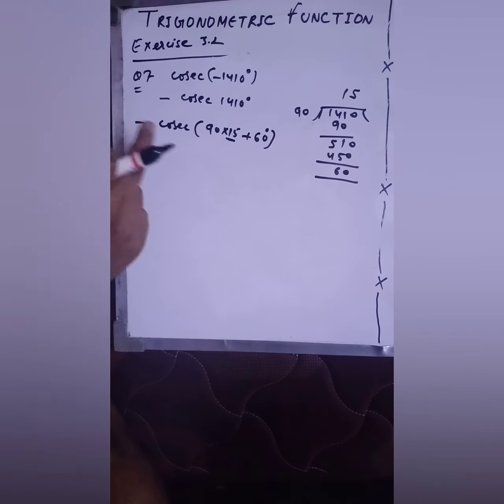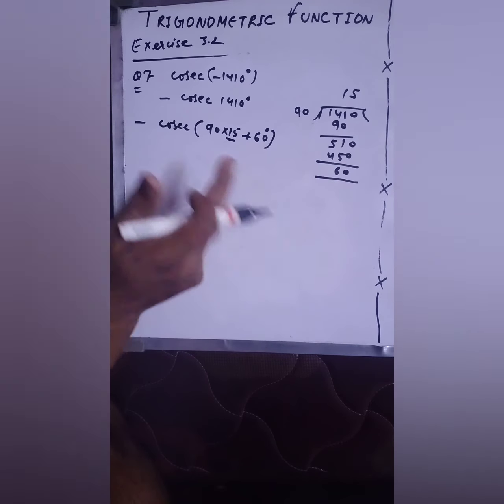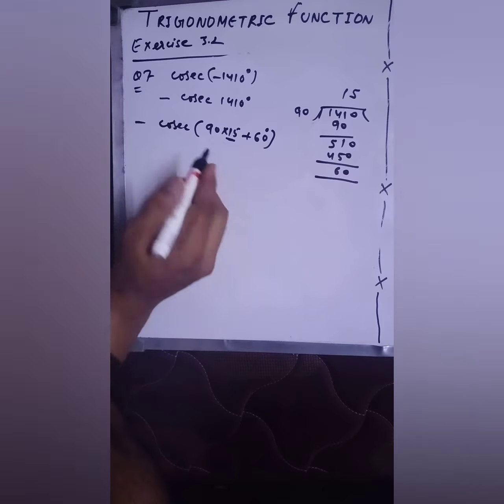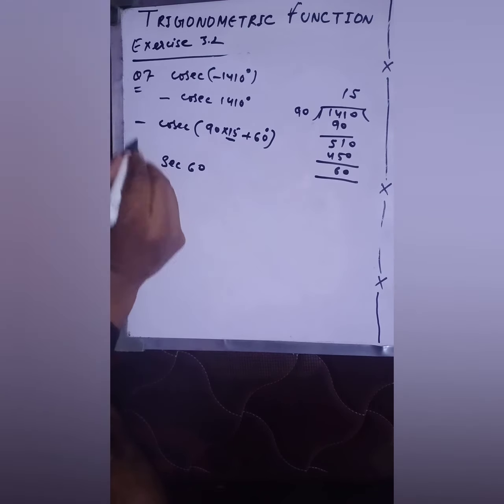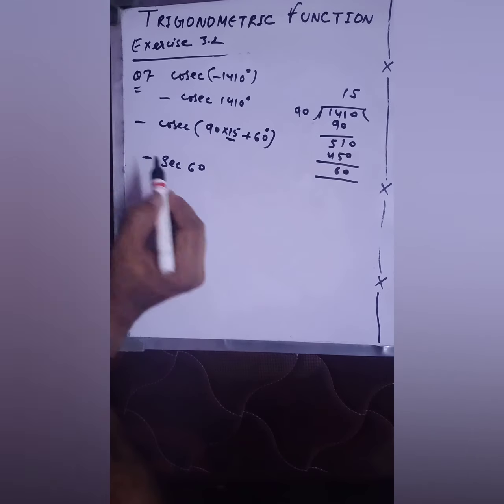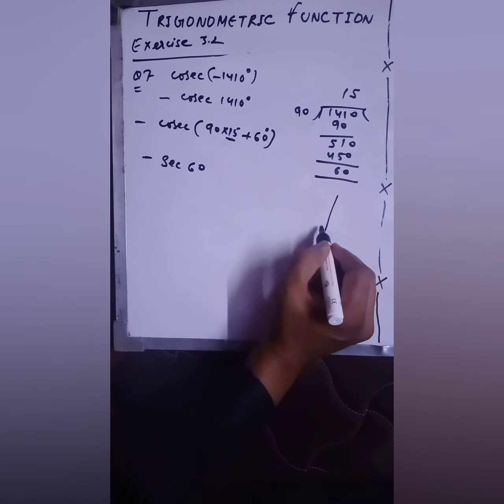odd, so the cosec will change into sec. So you will write sec 60, and this negative sign you have to copy. Now you have to check in which quadrant this value is going.